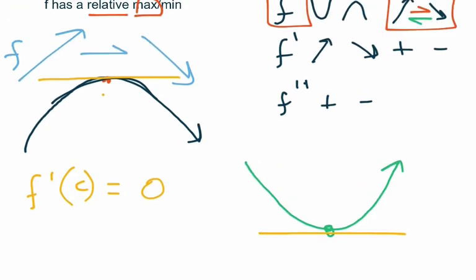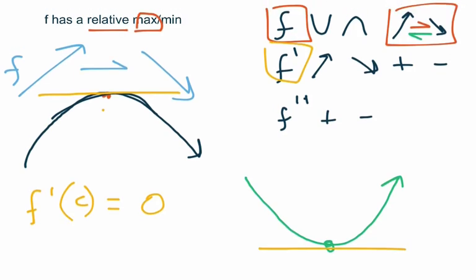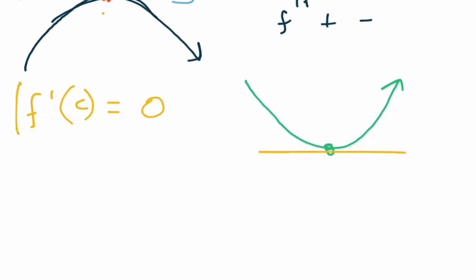And it makes sense because if you look at f prime, for either a relative maximum or a relative minimum it is changing from positive to negative or negative to positive. And what's the number between positive and negative? It's 0. So the first case where we will look for relative mins and maxes is by taking the derivative and setting the derivative equal to 0.